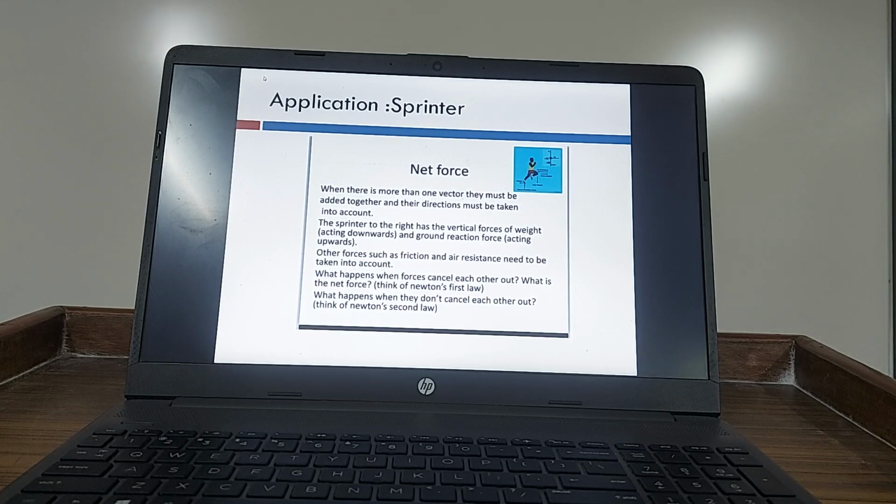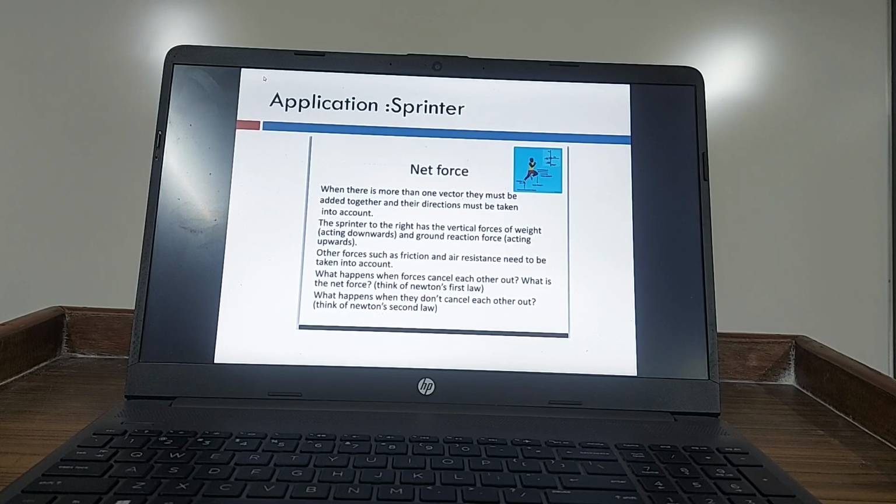Air resistance and friction. So apply the first law of motion. Will the sprinter move or not? He will remain stationary because he is not having any net force. Understood? Fine.